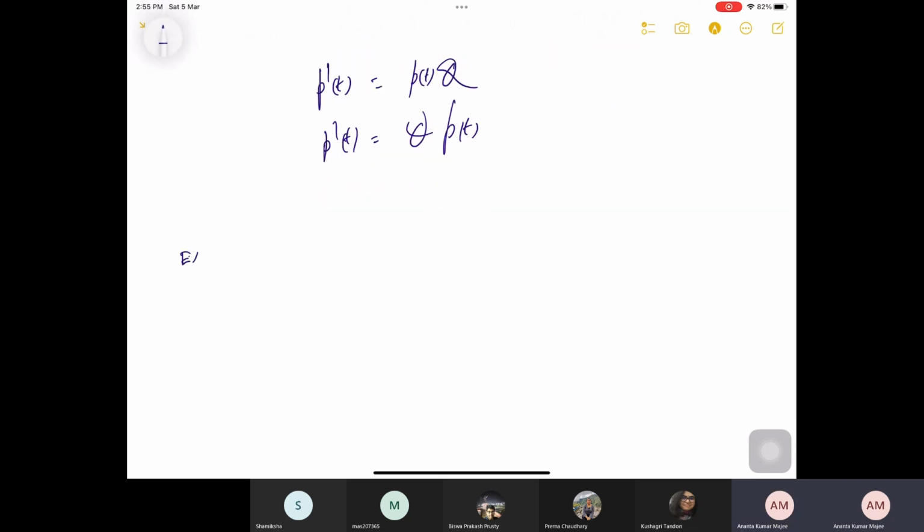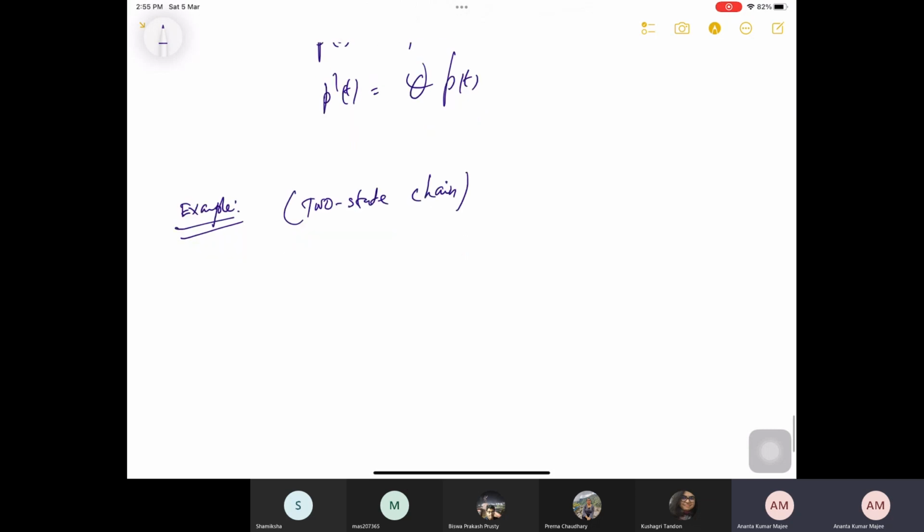Okay, let us consider one example where my Q is given to you. How can I find out my transition matrix Pij of t, or the element of this thing? That example is called the two-state chain. So the chain has two states, say 0 and 1, something like that. Okay.